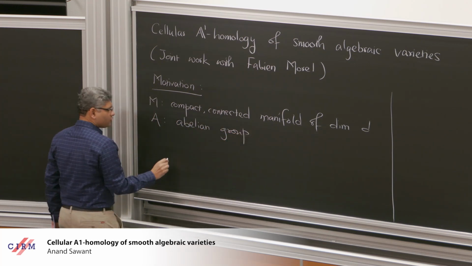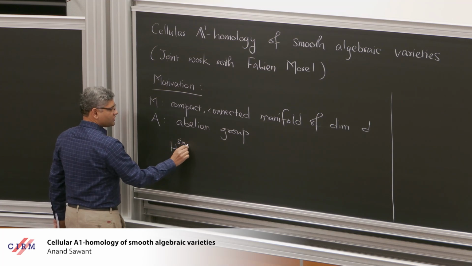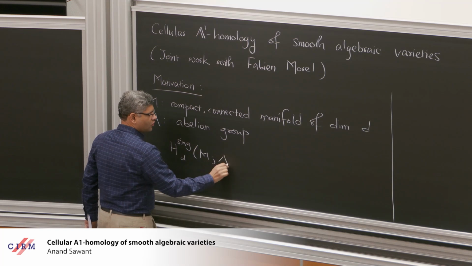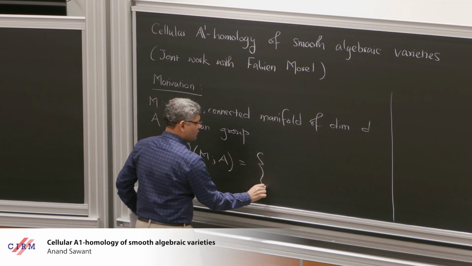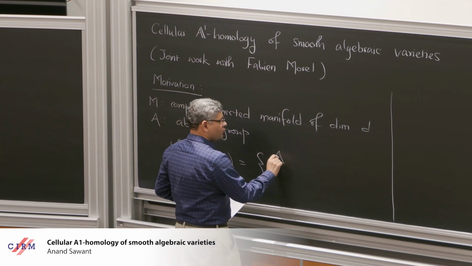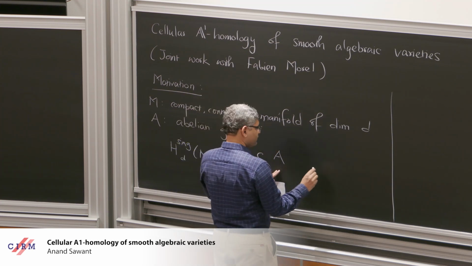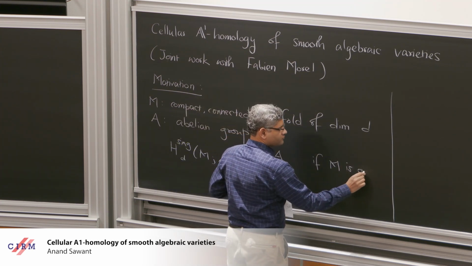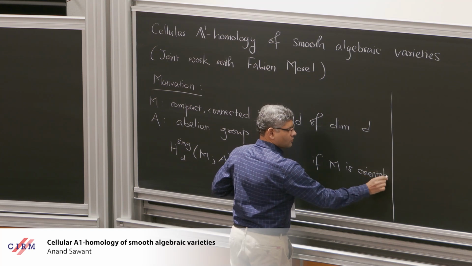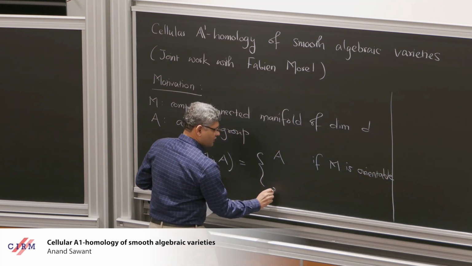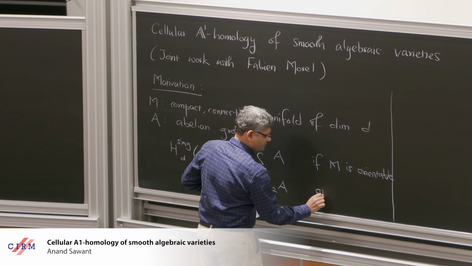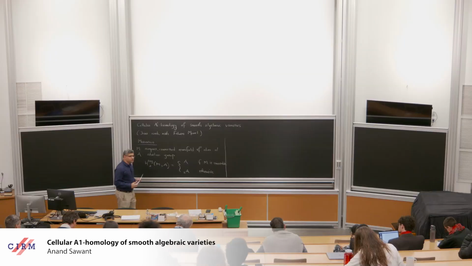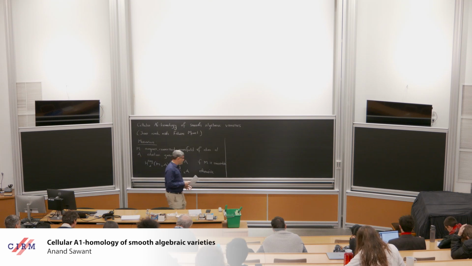Then you can calculate the singular homology of M with coefficients in A in the top degree, and this depends upon the orientability of M. So if M is orientable, then this is A, and it's 2-torsion in A otherwise. Usually we see the version when A is the integers, in which case this is 0.